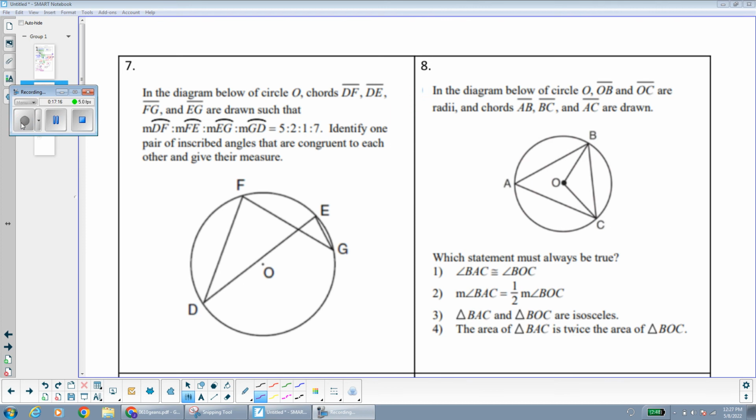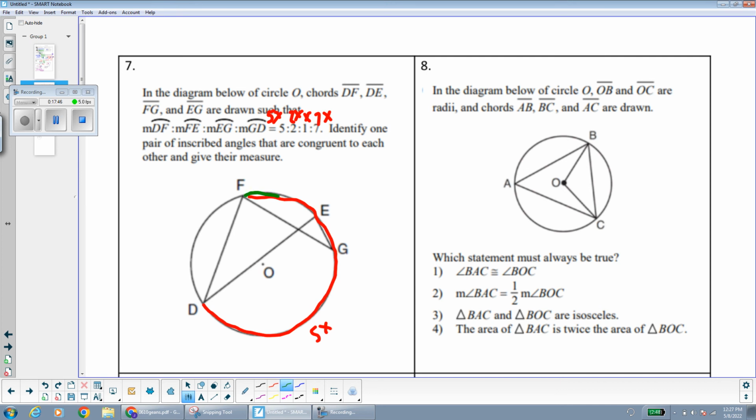Okay, in number 7, we are given the ratio of the arcs in the circle. So it's 5 to 2 to 1 to 7. So you can represent them as 5x, 2x, 1x, and 7x. So that means DF is 5x. So DF, let me try to mark that as best as I can. DF is 5x.